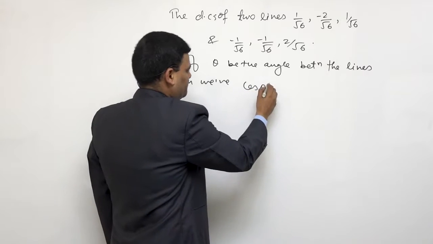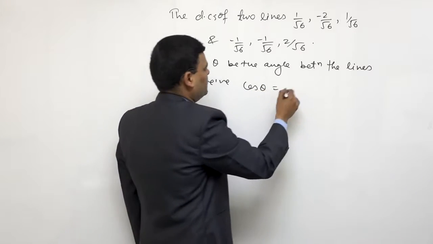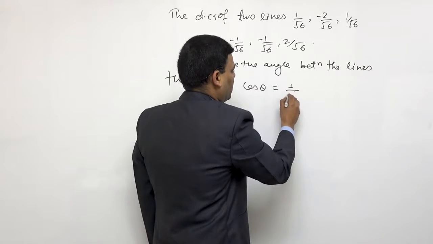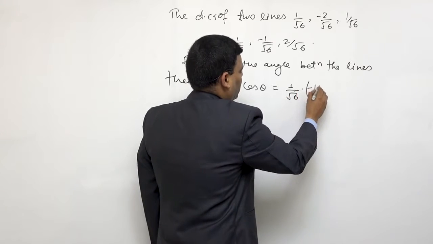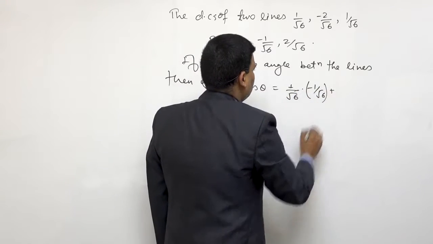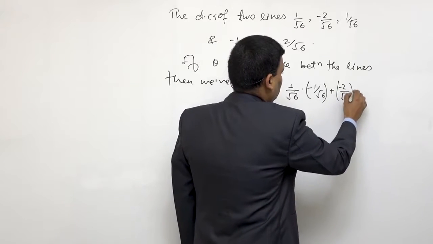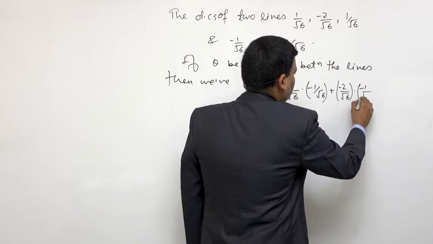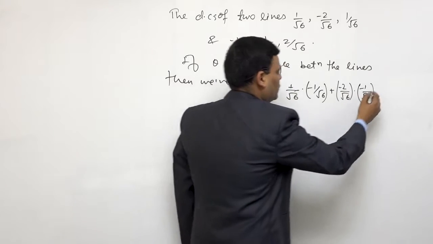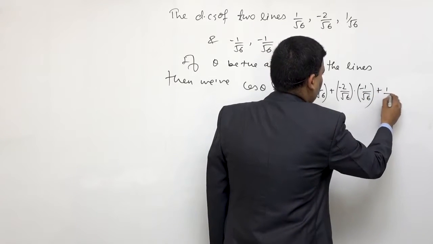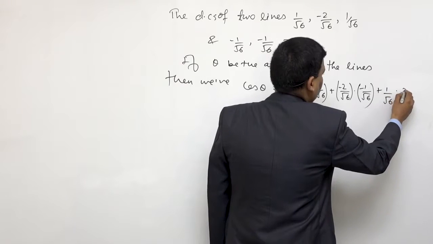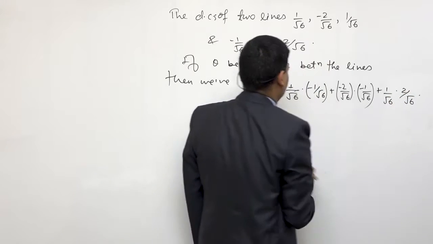cos theta equals L1 L2 plus M1 M2 plus N1 N2, which is minus 1 by root 6 into... minus 2 by root 6 into minus 1 by root 6 plus 1 by root 6 into 2 by root 6.